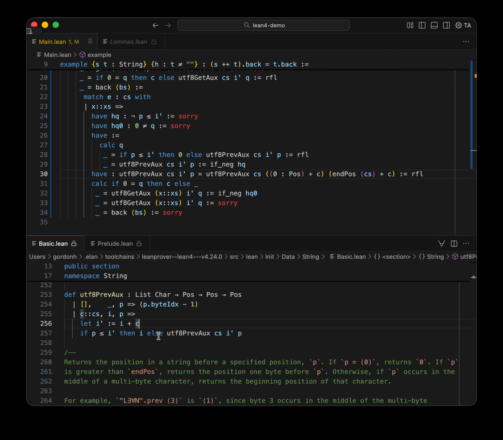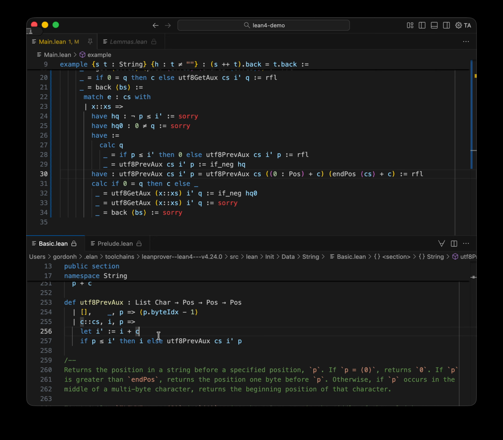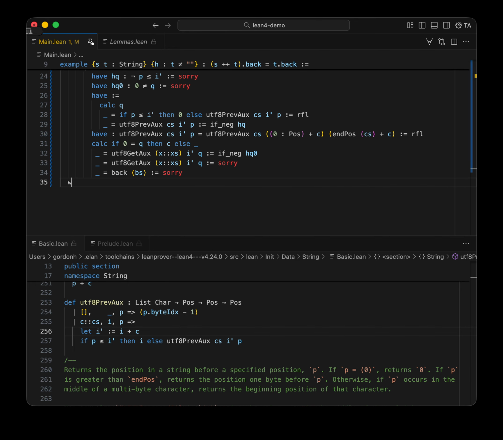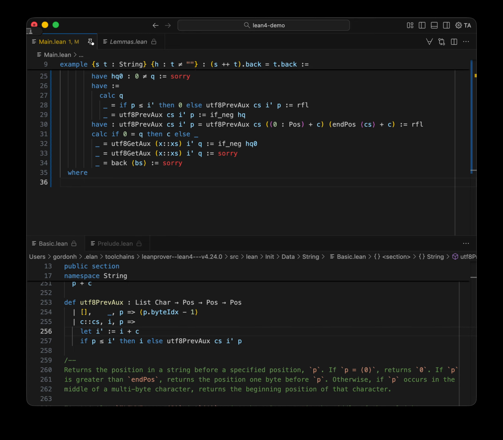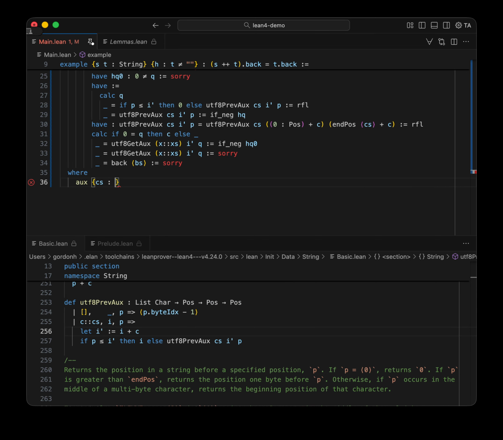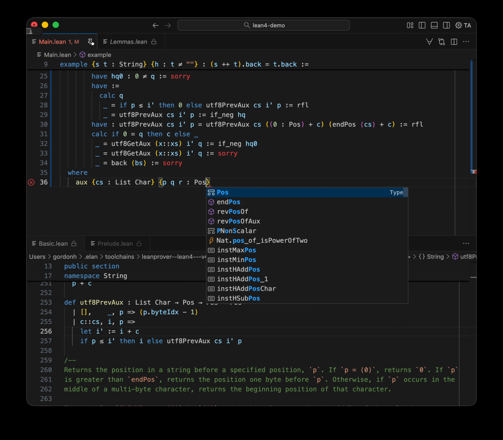Given this definition, we might attempt to prove this auxiliary theorem. Suppose you have a list of characters and a figure of positions.